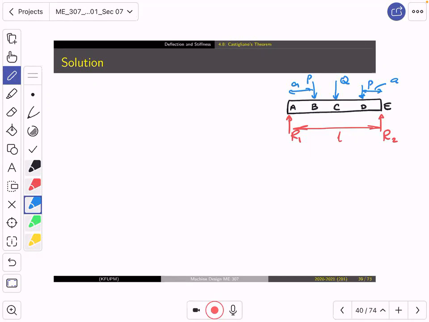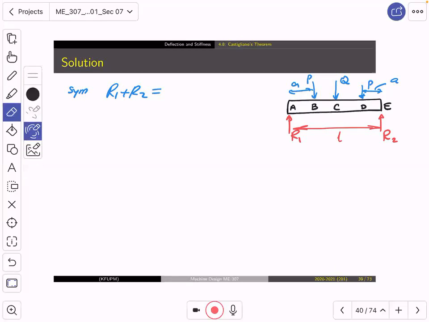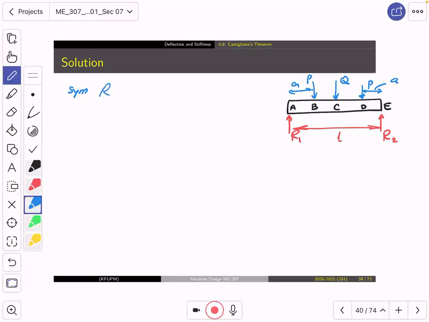Because of symmetry, the whole problem is symmetric, somebody can reasonably understand that reaction 1 will be equal to reaction 2 will be equal to R. I'm going to call it R. In a simple way, the two reactions will carry P plus P over 2 each.